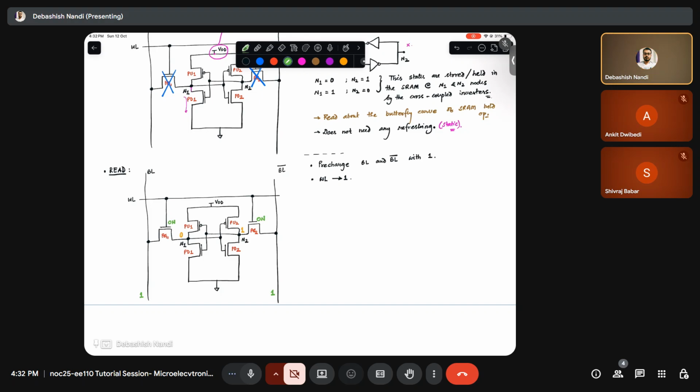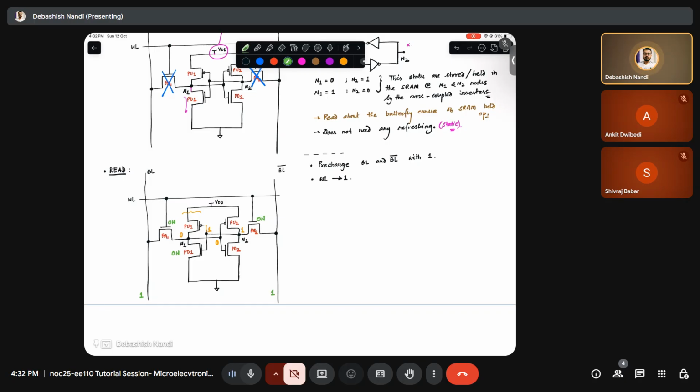So initially at this node I am seeing 1 and this node I am seeing 0. So for this inverter, PD1 is on and PU1 is off.